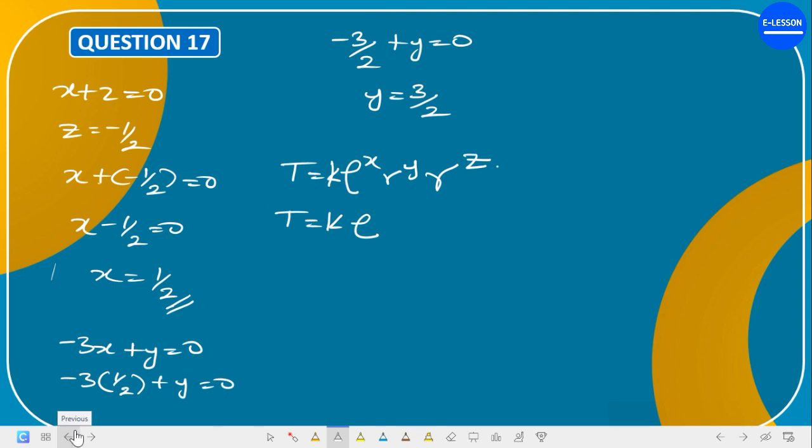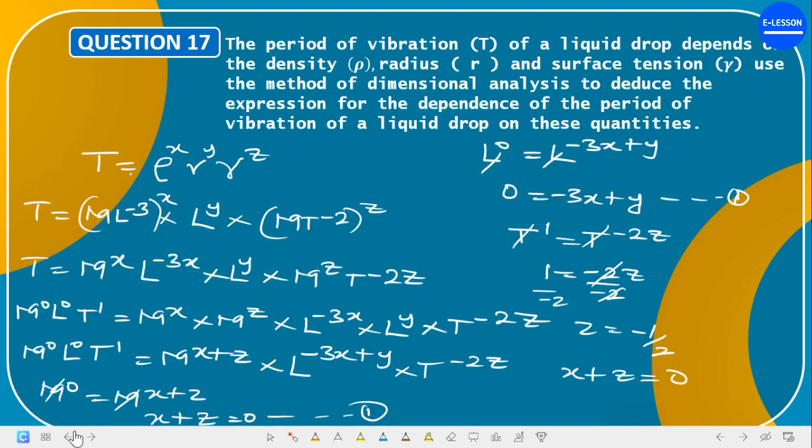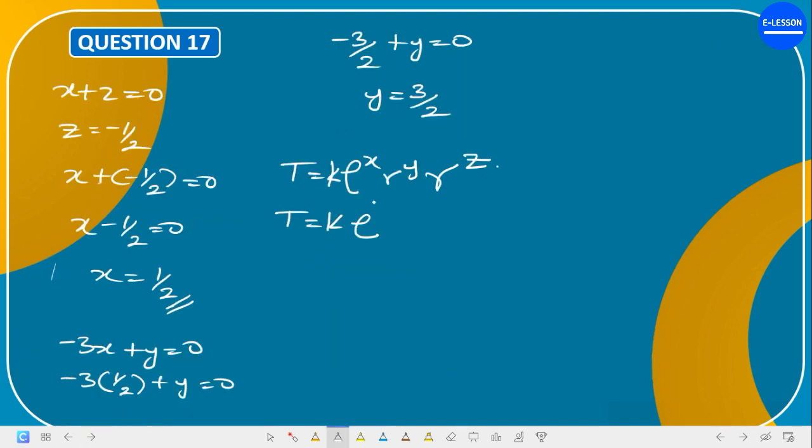Now, your density, your x, where's the value for your x? You calculated x to be what? Half. So this is half. Your y is 3 over 2, and your surface tension, not density, is minus half.